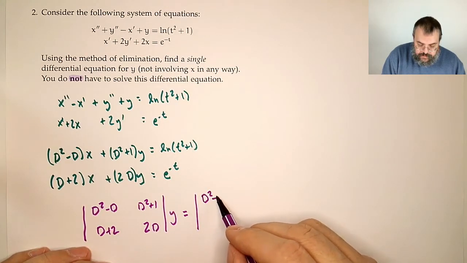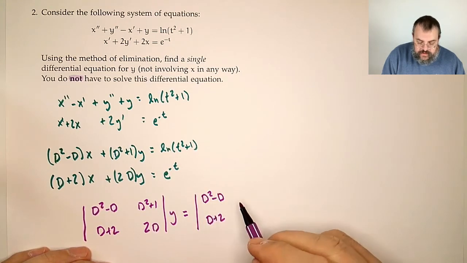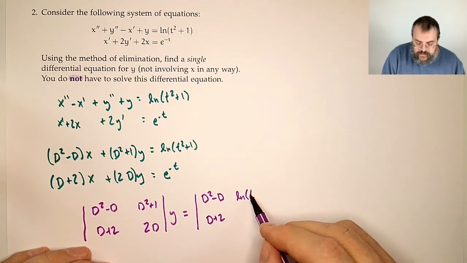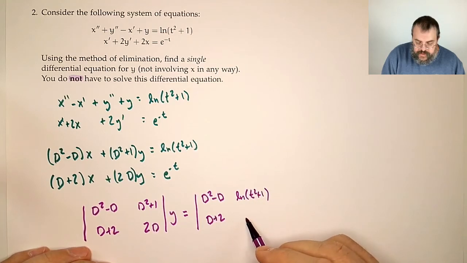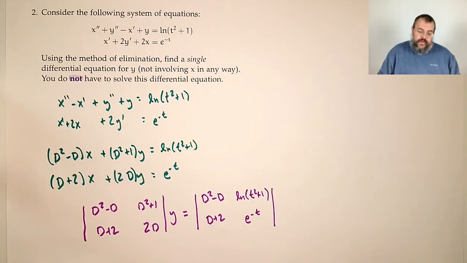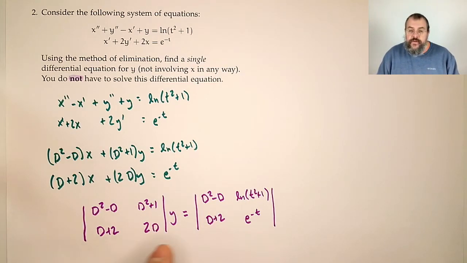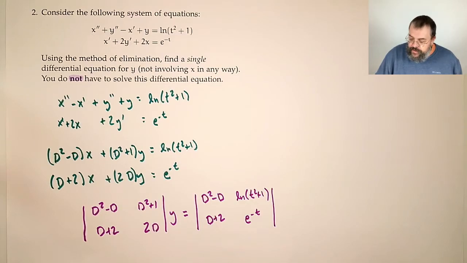So D squared minus D, plus 2, that column is with the x and stays as is. Natural log of t squared plus 1, e to the minus t. All right, if we can figure out what's happening with these two sides, we're in pretty good shape. We're going to be done. So that leaves two determinants for us to work with.